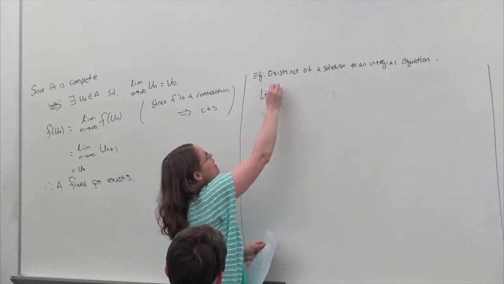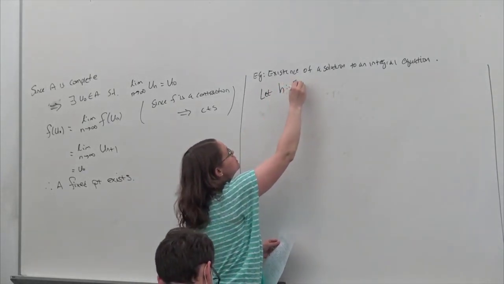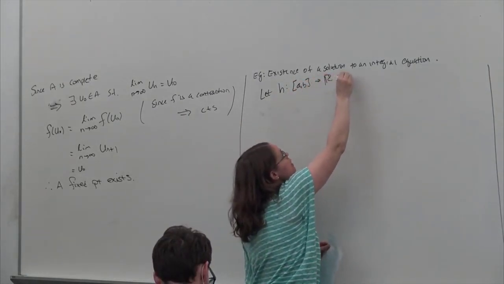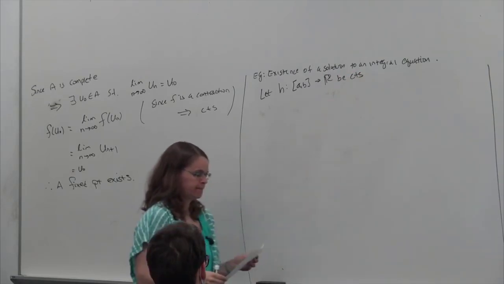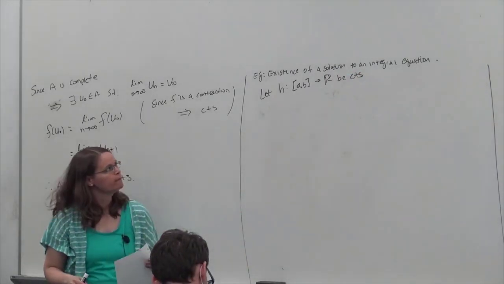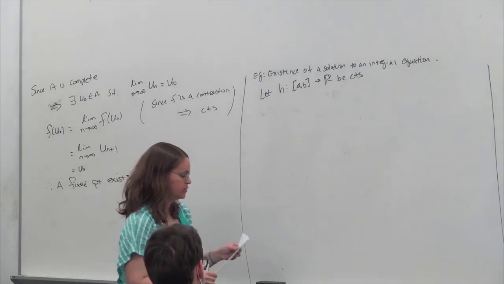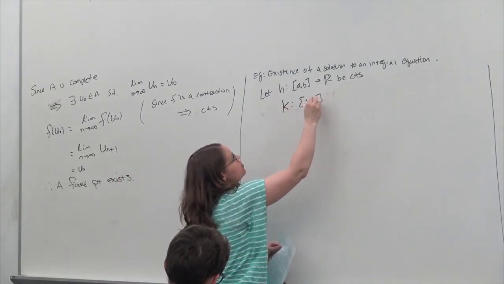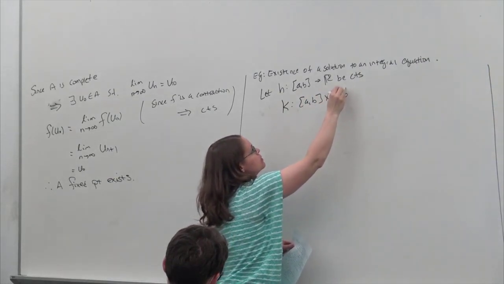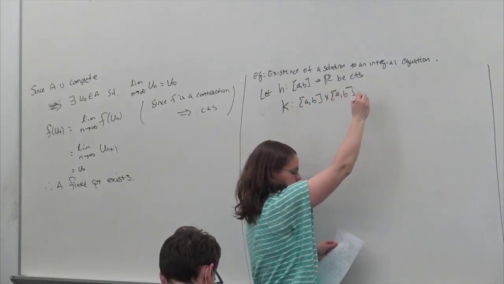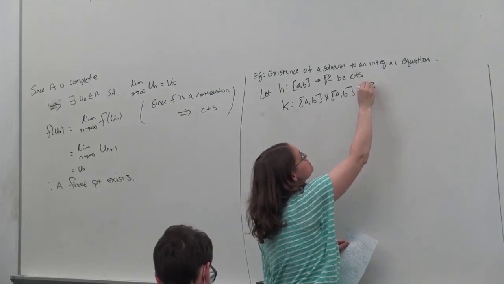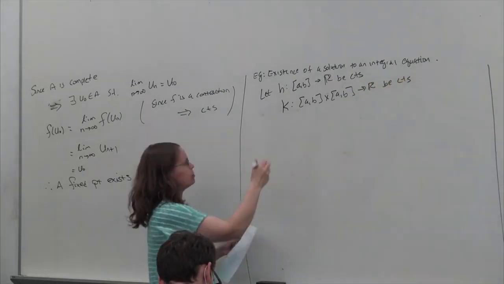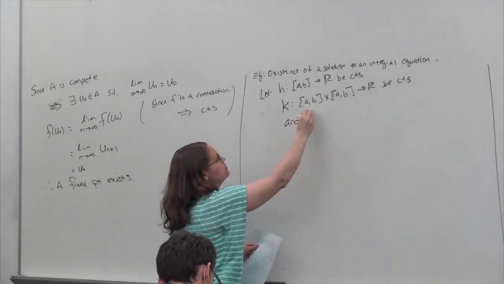So let's suppose that we have a function which is continuous. Okay, so we have a function of one value that's continuous. We also have a function of two variables that's continuous, and of course bounded.